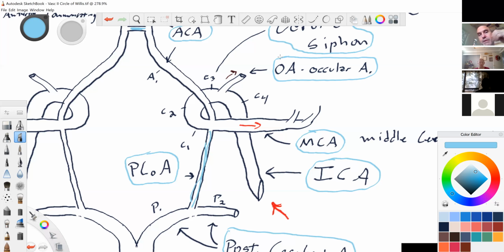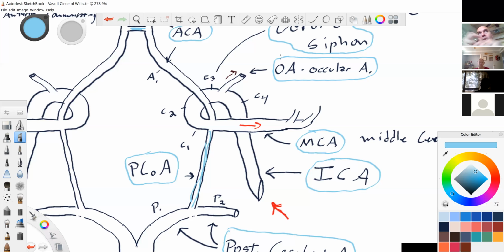So we've mentioned that one before, and we talked about collateral pathways and how we can get an internalization of the external carotid artery. That means what happens there is the internal carotid is occluded.